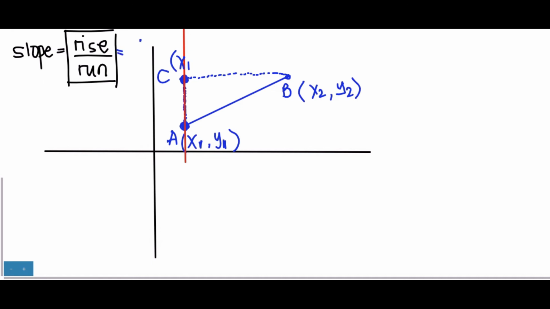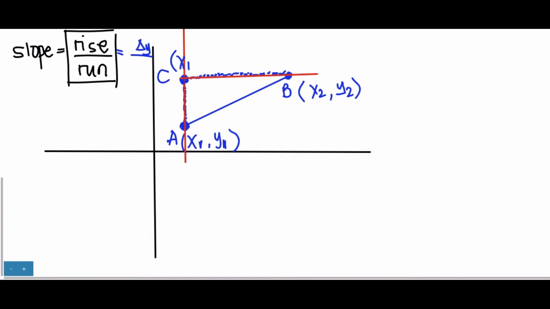So let's use delta y, or change in y. On the other hand, for the relationship between point C and point B, it only runs in a horizontal manner, or the changes happen in a horizontal manner. So these 2 points are horizontally aligned, like this.